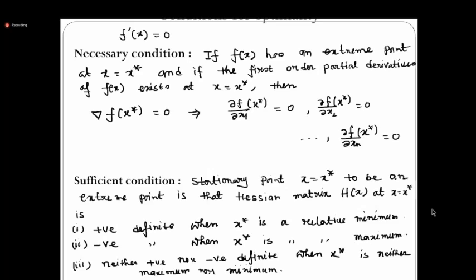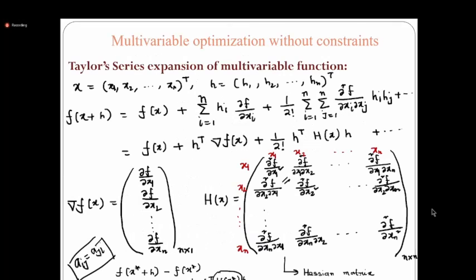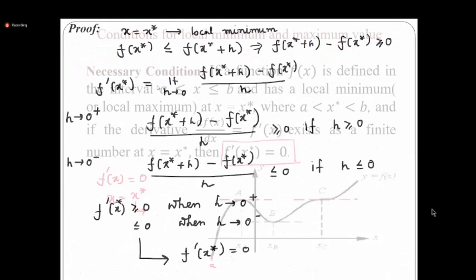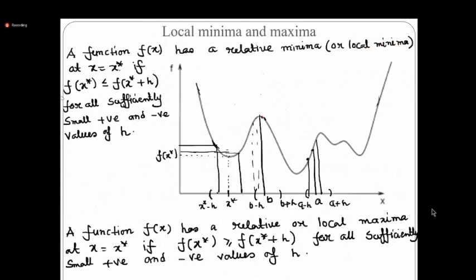If it is semi-definite also, then it will give you the relative minimum. If it is negative semi-definite, then it is going to be the relative maximum. Because if you remember the first class, I mentioned that if f of x star plus h is greater than or equal to f of x star, the equal sign is already there.